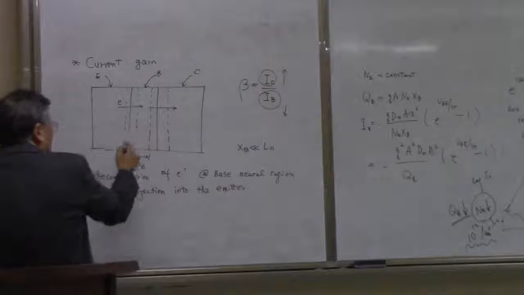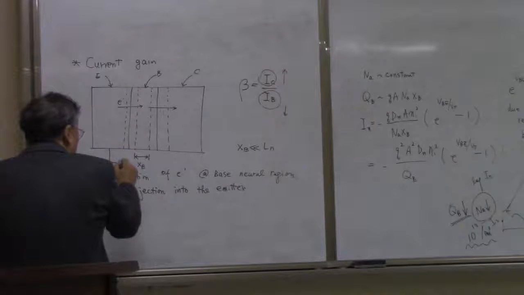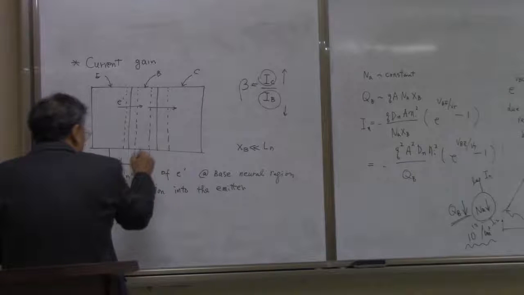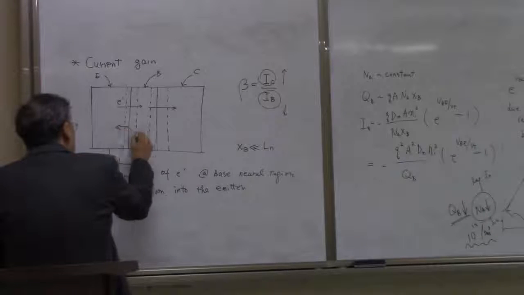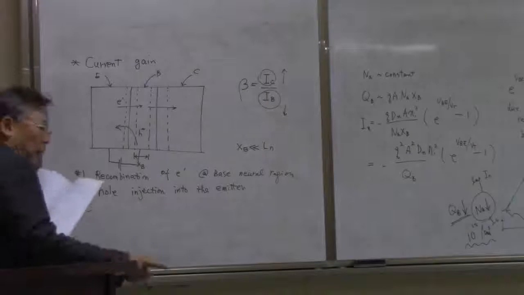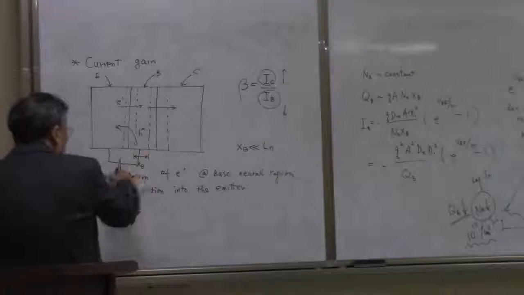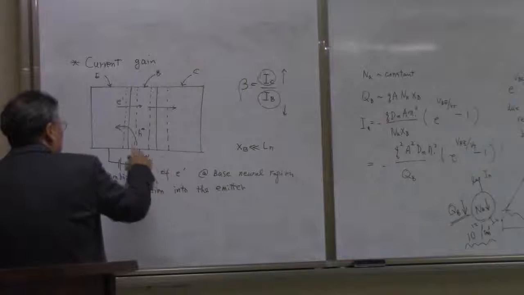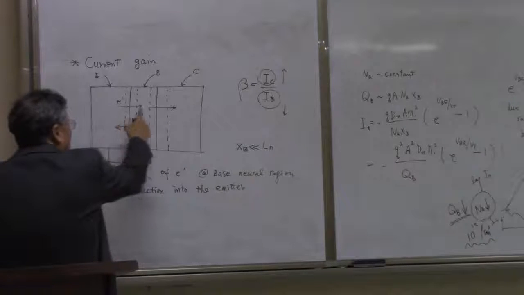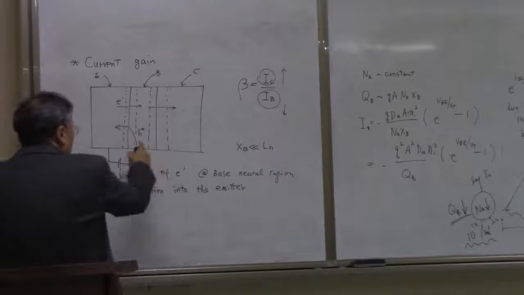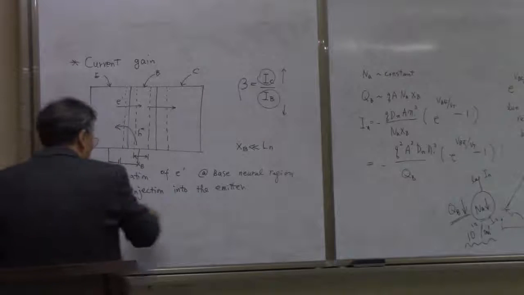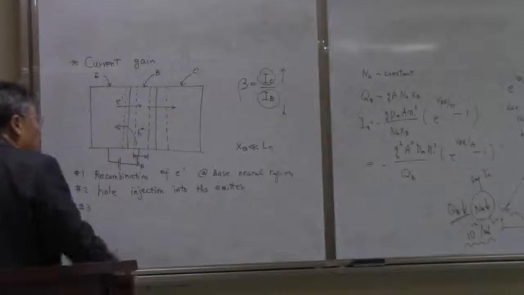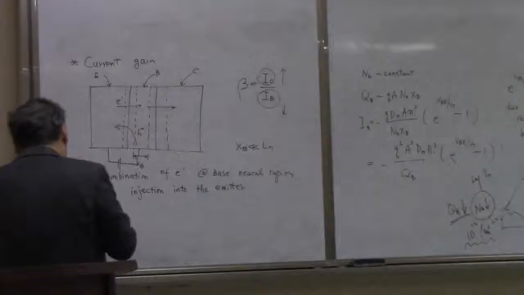We are injecting the electrons by forward biasing between this and the base, and this forward bias will inject the holes to the emitter as well. This forward bias not only injects electrons from the emitter to the base, but holes are also injected into the emitter, so that the hole current is going to reduce the beta values.